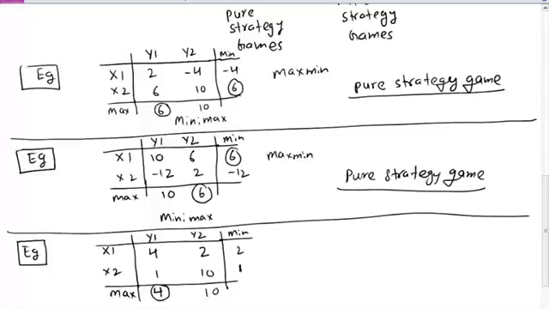So the maximum of the two is 2. So now they do not match. So obviously this is called a mixed strategy game. For a mixed strategy game, we want to find the expected value, like if the game is played for a long period of time, what is the expected gain for player X or what is the expected gain for player Y?